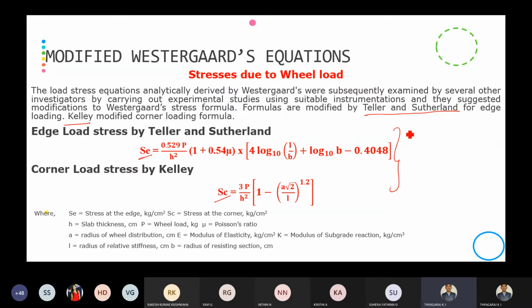Why? Because the edge loading and corner loading are the maximum critical locations, where the maximum critical stresses are going to develop at the edge and corner only. So they made some modification to the edge load and corner load.